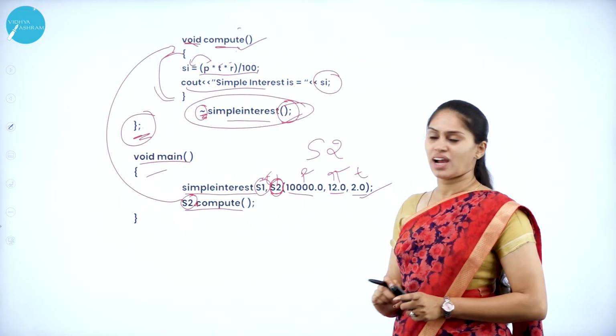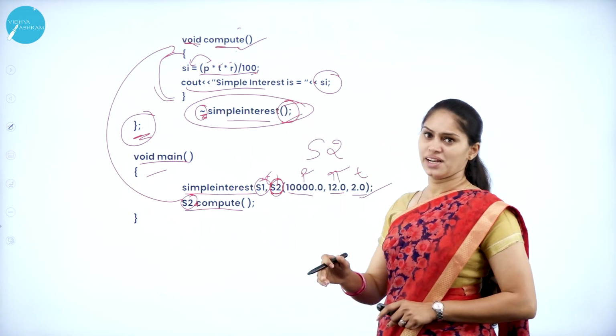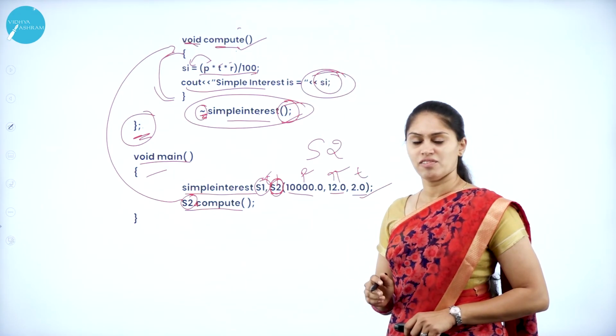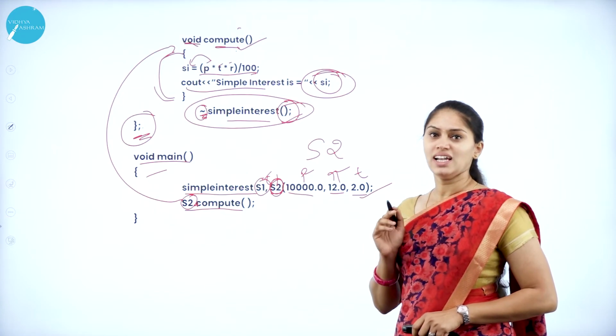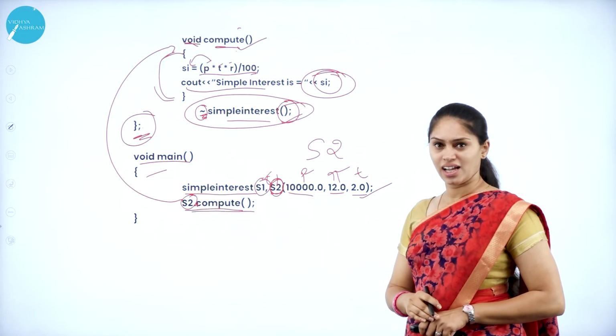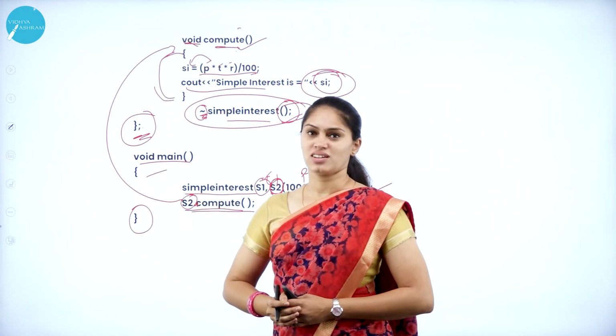Then it will be divided by 100. Whatever value I get for the simple interest will be stored in the variable called SI. So that value will be displayed on the screen. Then I am going to end the scope of this main function.